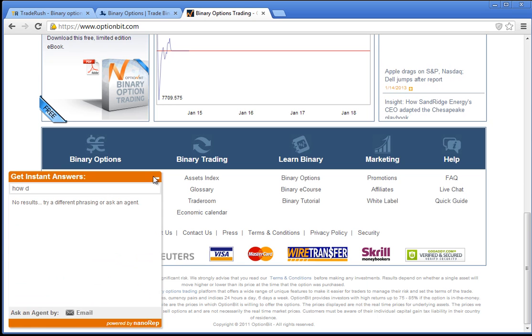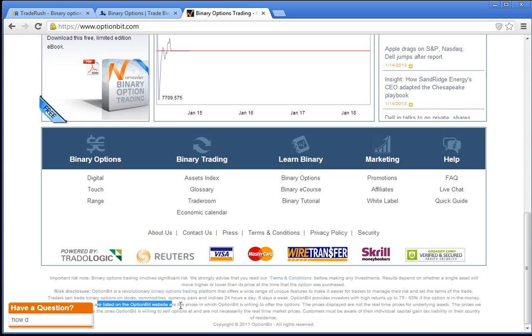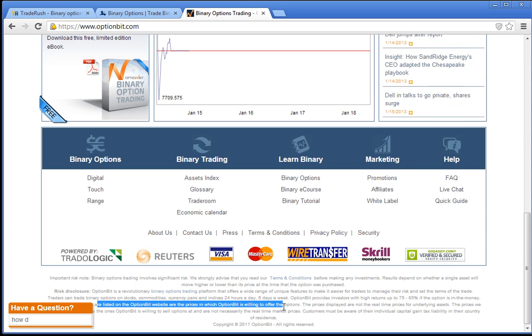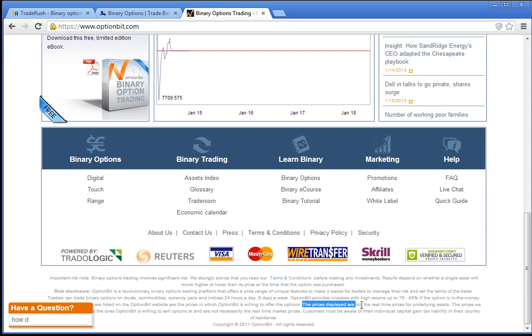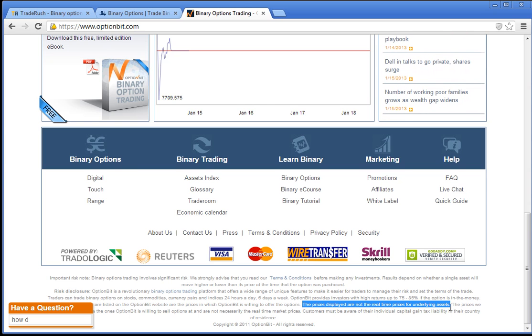I believe it's saying that the values listed on the OptionBit website are the prices at which OptionBit is willing to offer the options. The prices displayed are not the real-time prices for underlying assets.